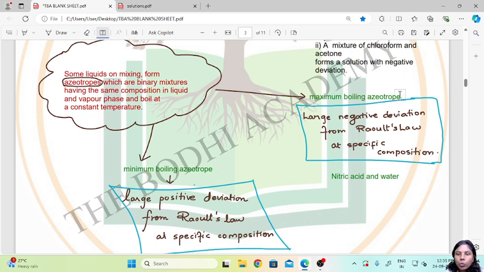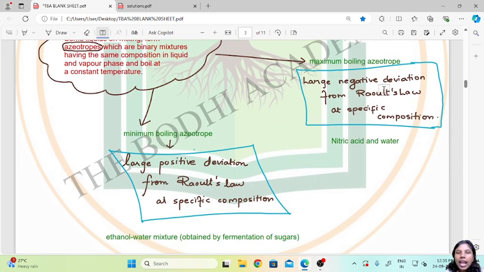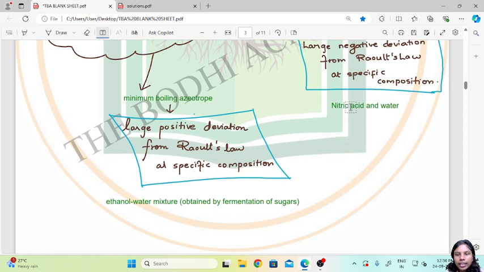The maximum boiling azeotrope shows a large negative deviation from Raoult's law at a specific composition. So maximum boiling azeotropes are the ones which show a large negative deviation. When we say negative deviation, we know that the A-A or B-B interactions are weaker and the A-B interactions are stronger. An example of this is nitric acid and water.